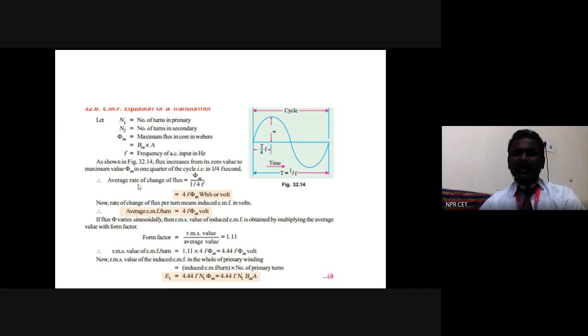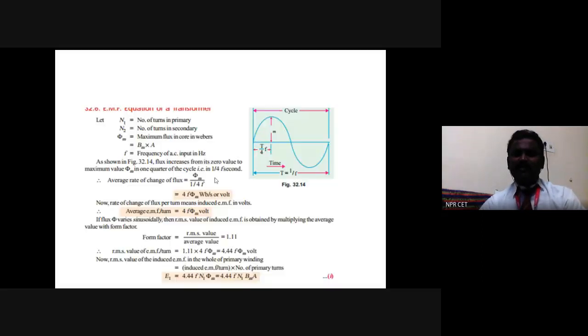Now by Faraday's laws of electromagnetic induction, the induced EMF is directly proportional to the rate of change of flux. Change of flux is phi m, and the time taken to reach the maximum value of flux is 1 by 4f. After simplifying, we get 4f phi m Weber per second, or volts.